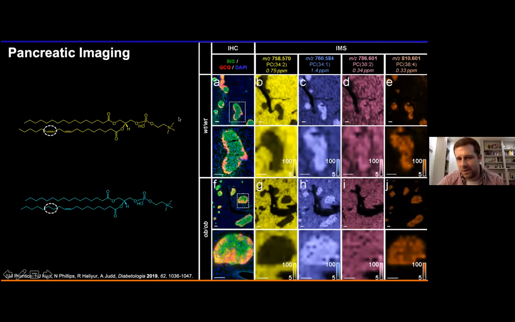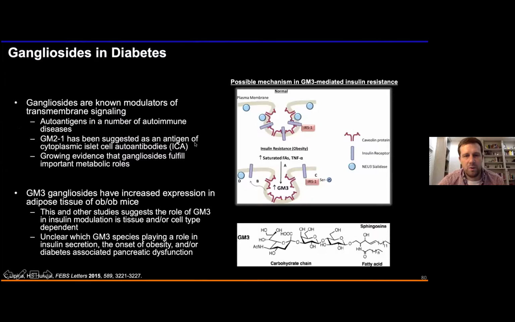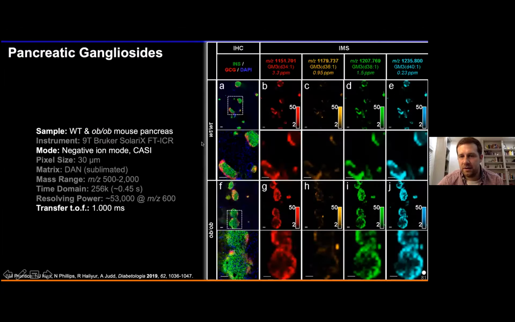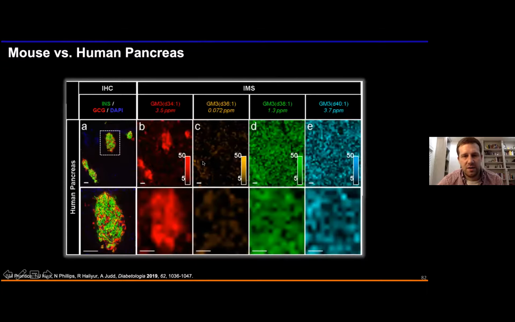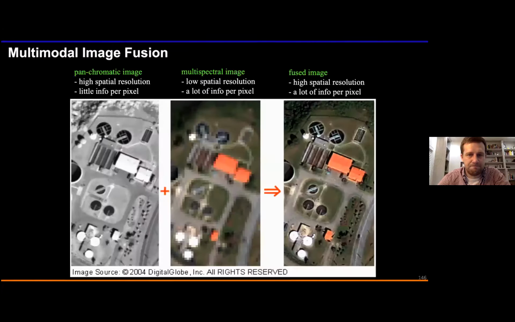I don't have time to go into the details here, but we've looked at many different signaling gangliosides, and they appear differentially expressed in different regions of the islets, as well as differentially expressed between the mouse and the human samples, which obviously gives some evidence that there are molecular differences between the mouse and the human.